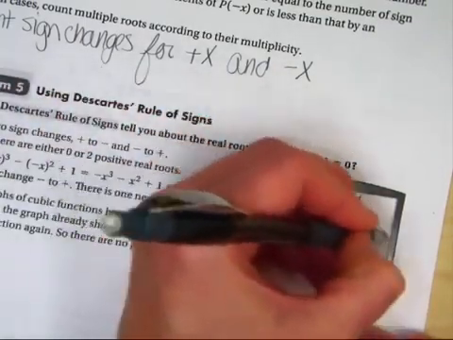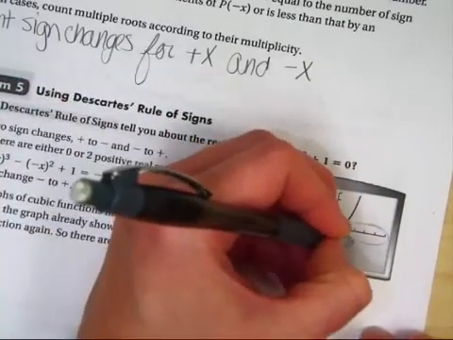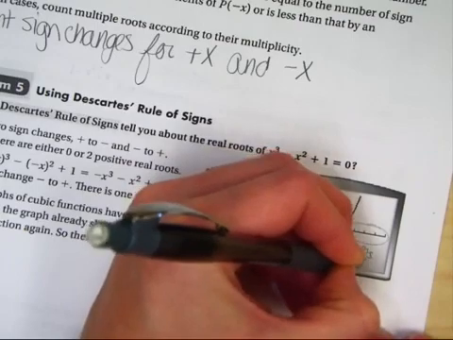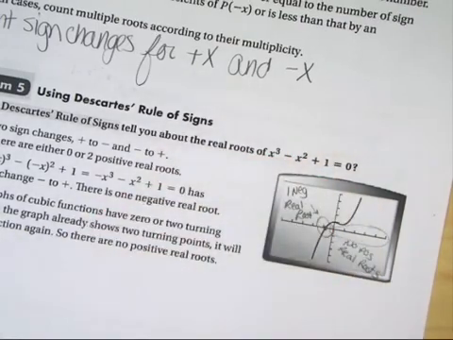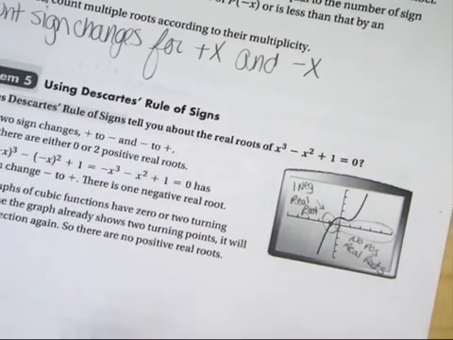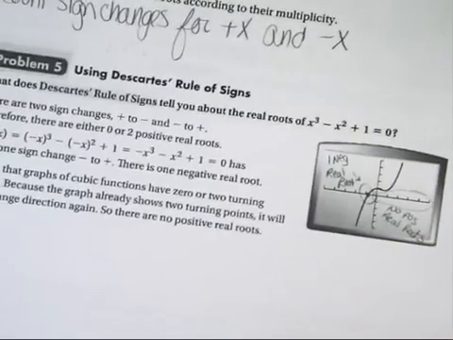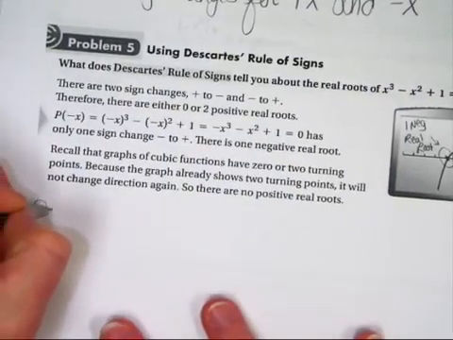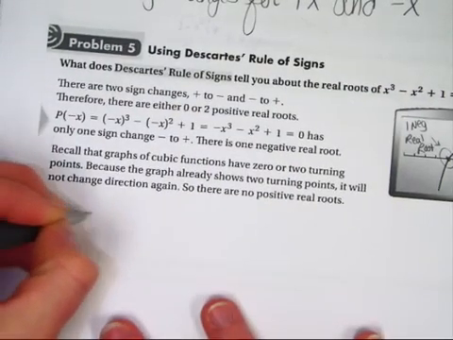You see how it never crosses over here? That means it has no positive real roots. But I want to teach you how to use his rule to figure that out without looking at the graph.